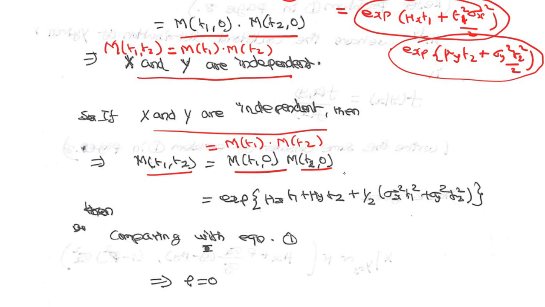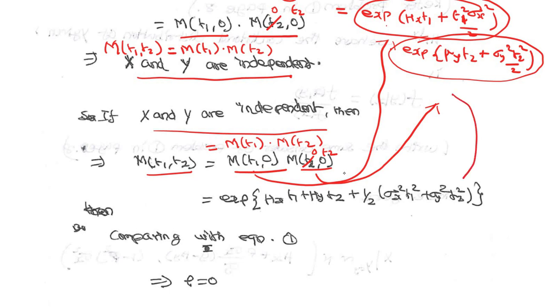Then the corresponding M(t1, 0) is representing this one, and M(0, t2) is representing this one. Sorry students, here you have one mistake. It is not that, it is 0 and this must be t2. If you are merging these two, we are getting this equation.